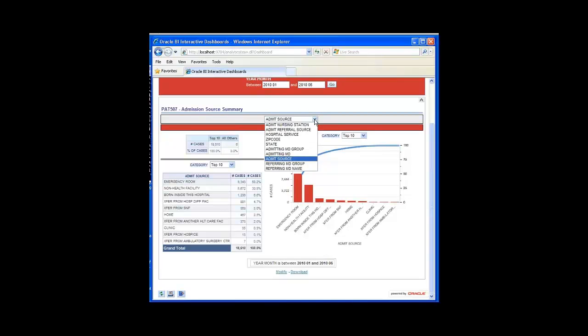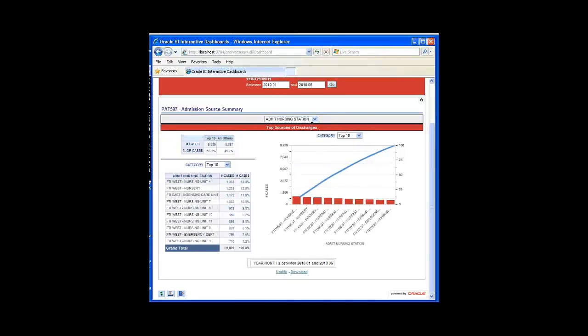But naturally, you have the ability to look at this information in other ways. So for instance, if I want to see it by nursing unit, I can see that these top 10 nursing units represent about 53% of my total inpatients that are admitted, and I can see graphically that it's a pretty even distribution, which you'd probably expect unless you have a couple of really big nursing units.